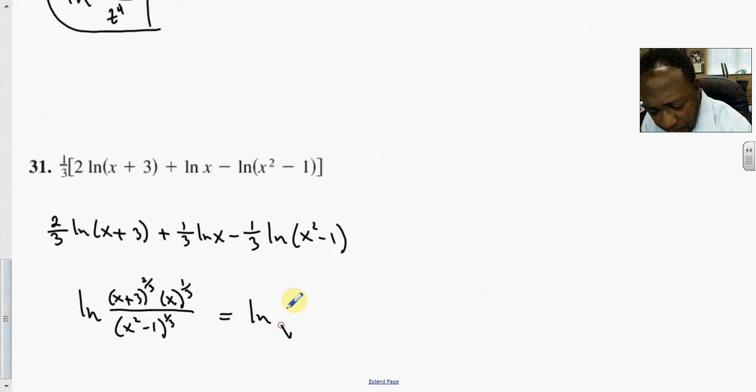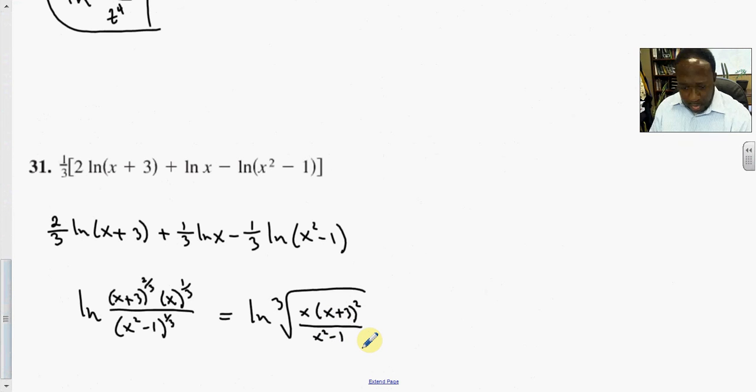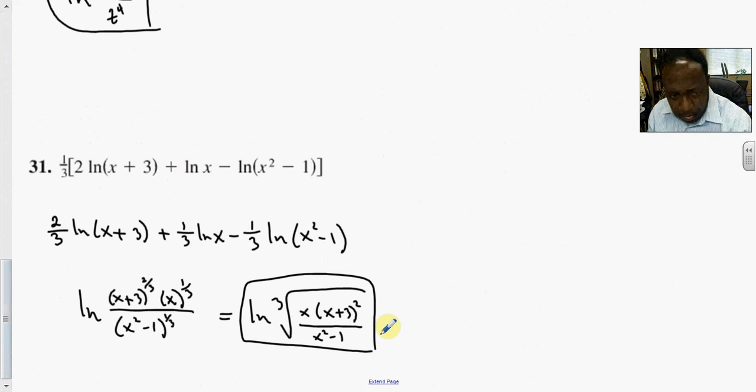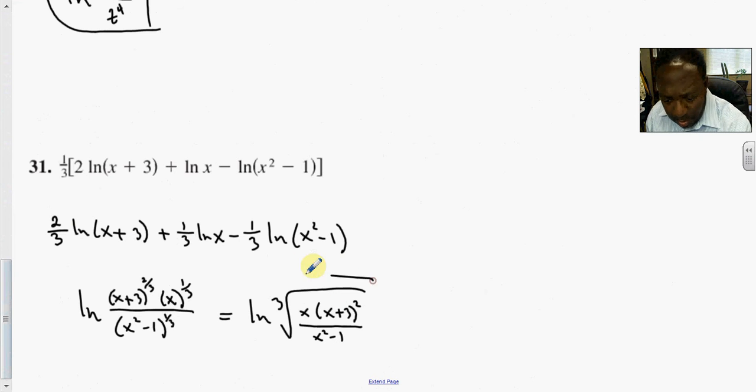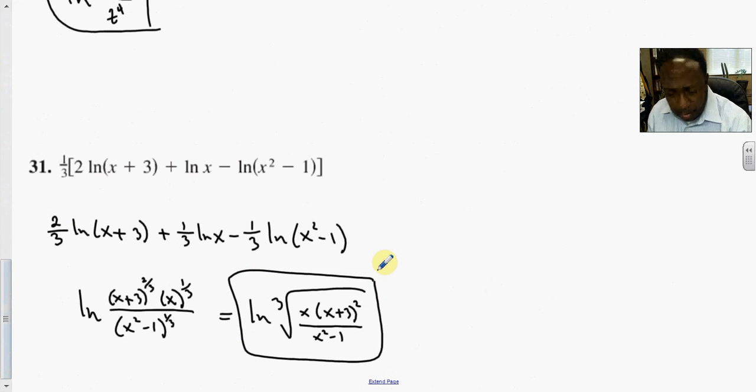This is the natural log of the cube root of x times x plus 3 squared, divided by x squared minus 1. And that's all in the domain of the cube root. Make sure that this cube root is going all the way down, right?